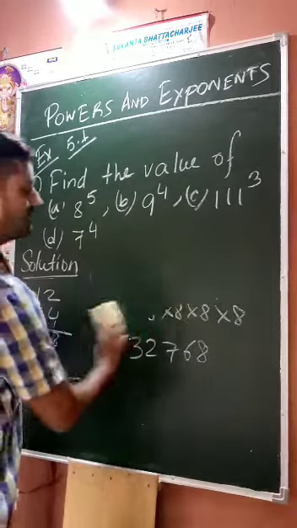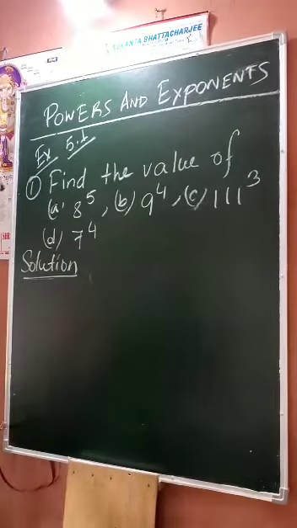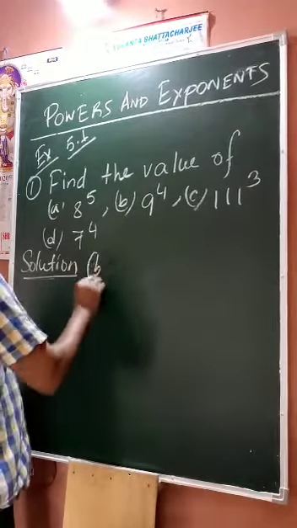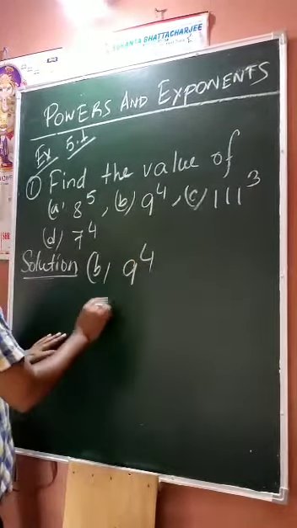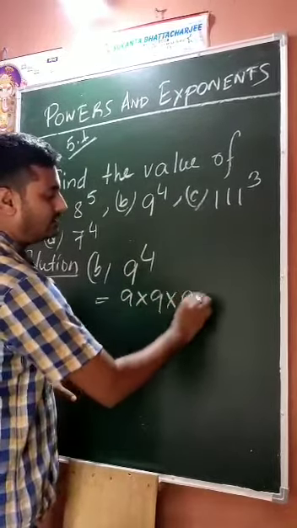So now come to question number B. 9 to the power 4, that is 9 into 9 into 9 into 9.